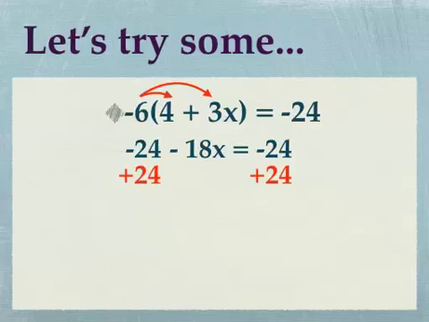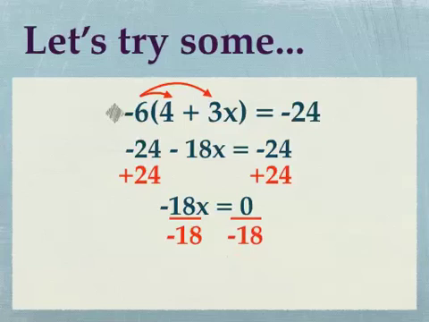Notice in both of these cases, I have negative 24 plus 24, which is 0. So what I'm left with is negative 18x equals 0. I'm multiplying negative 18 times x right now. The opposite of multiplying by negative 18 is to divide both sides by negative 18. And when I do so, I'm left with x equals 0.